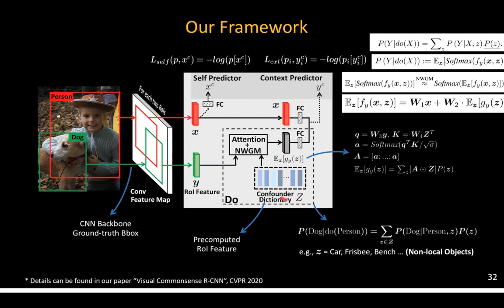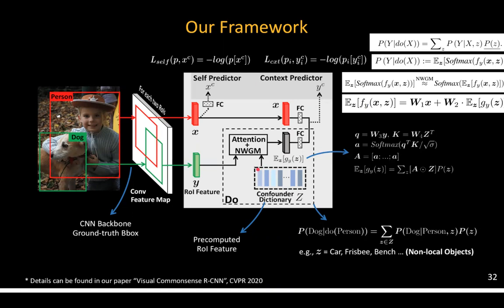So what is called the confounder dictionary means that suppose it is n times d in dimension. Then n, the rows, means how many objects you have in all the data sets. And the columns just mean your embedding dimension.